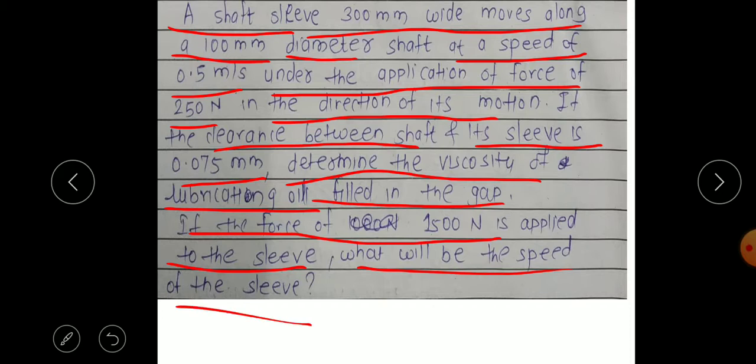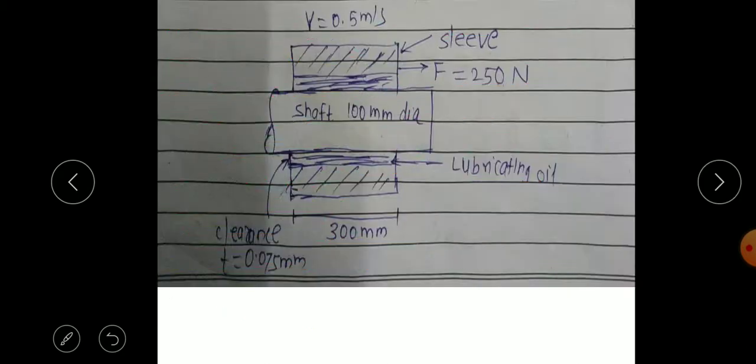A shaft sleeve, which supports the shaft, is used with 300 mm width, and there is clearance between the shaft and sleeve. We can see in the diagram, this is the shaft of 100 diameter, and a sleeve of 300 is given.